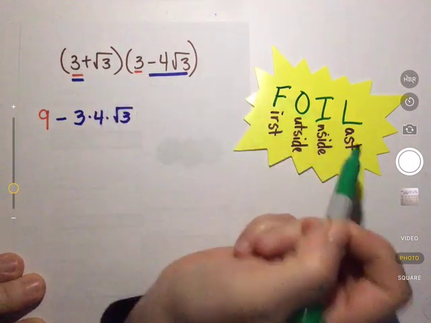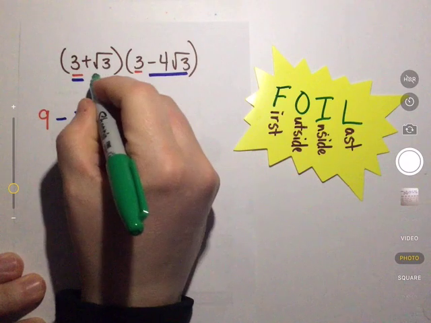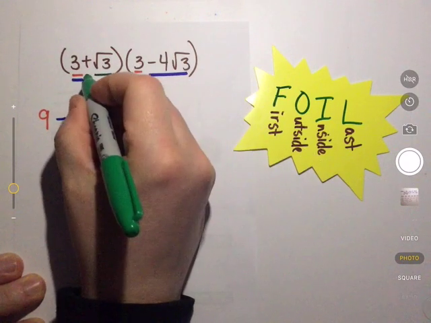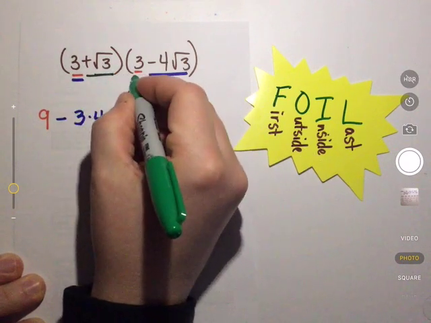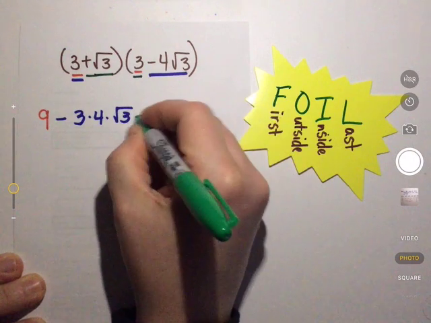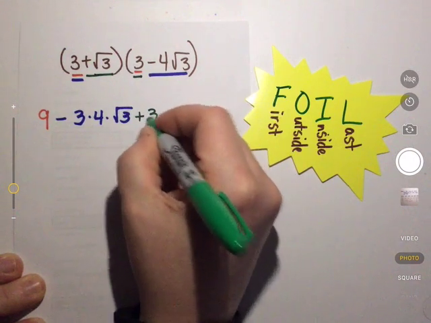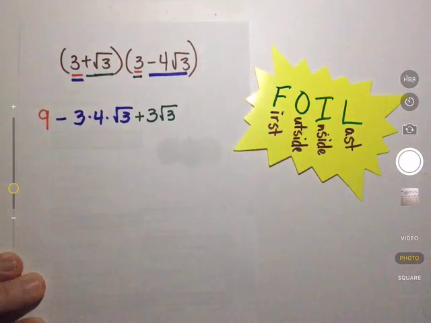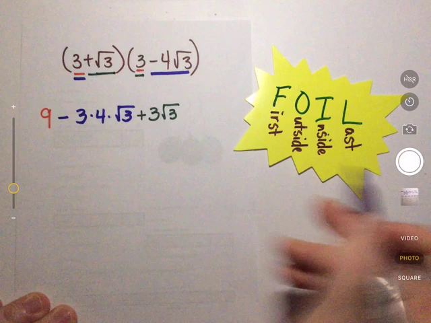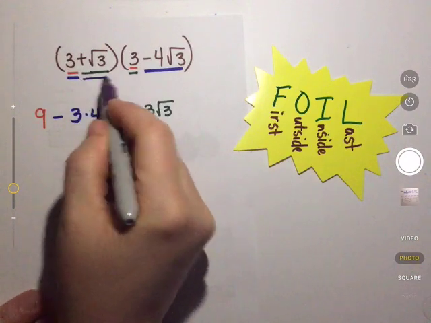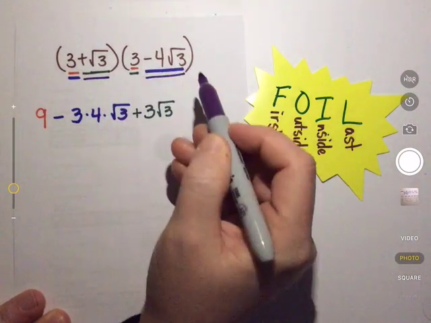Now my innies. Okay, so square root of 3, which has a positive sign, times a 3, which has a positive sign. So a positive sign, 3 times the square root of 3. All right, so we're almost done. So then my lasts, okay, my square root of 3 times my 4 times the square root of 3.